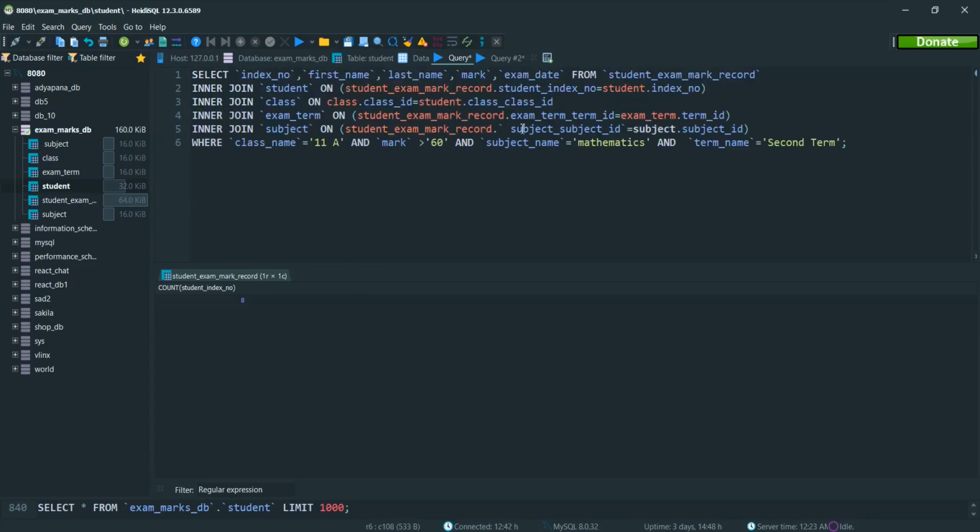So here I have used 4 inner joins, along with the greater than sign. Now let's see the result. Here you can see there are 2 records saying that these 2 students have scored more than 60 marks for the subject mathematics.